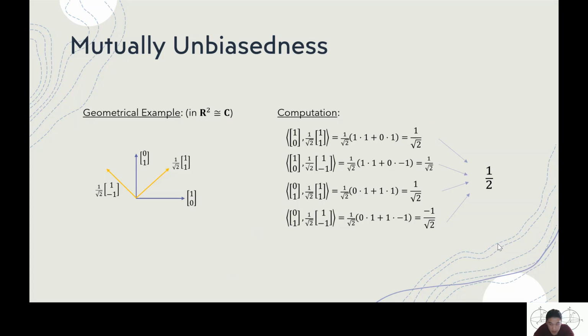So geometrically, bases are mutually unbiased if they're pairwise nicely spaced out over some angular distance. In some sense, we could say that the yellow vector is equally close to the x-axis and the y-axis. And it also turns out there's a nice way to encode our mutually unbiased bases using matrices, which I'll show you here.